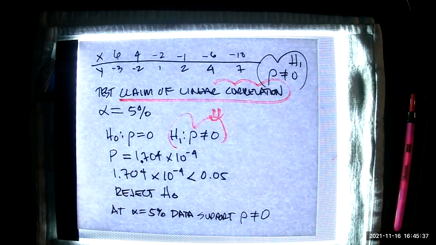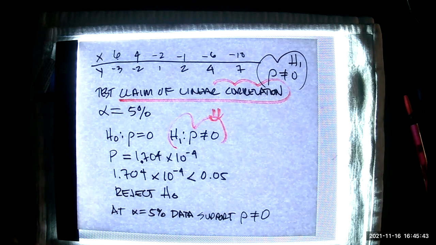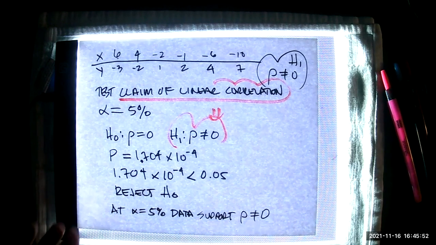That really means I am justified in going on to section 10.2, which is what happens if we decide there's statistical evidence for correlation. All right, that's the test for linear correlation.